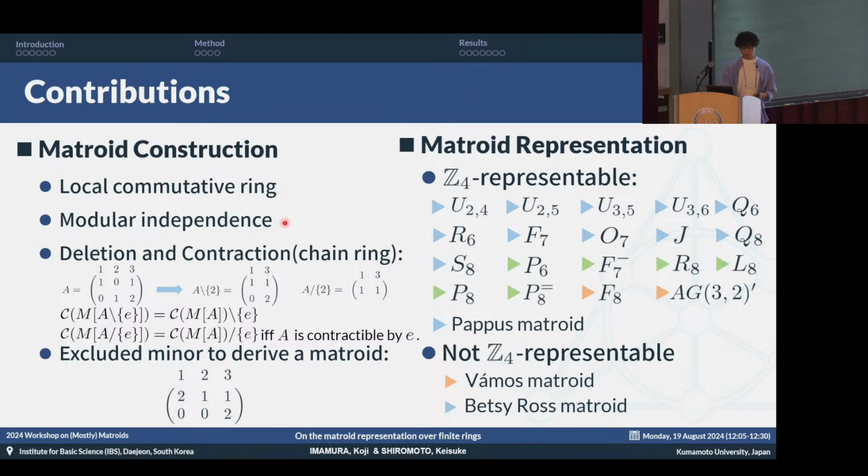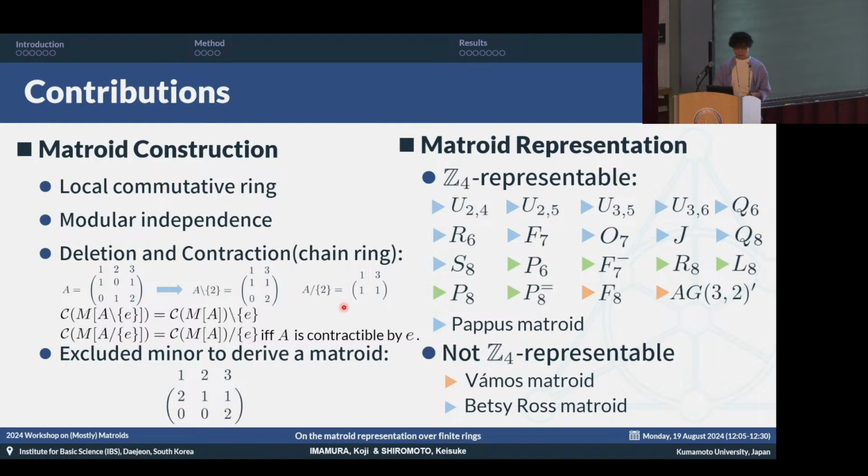So in the case of local commutative rings, for vectors to be modular independent, the coefficients must belong to the unique maximal ideal. And then the discussion on deletion and contraction can be generalized to the case of chain rings. So chain rings are local principal ideal rings.